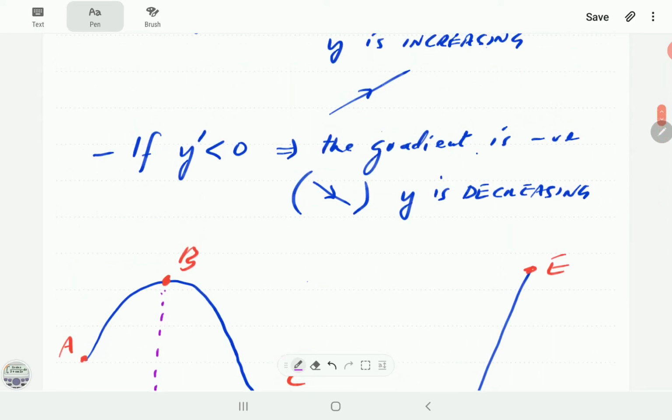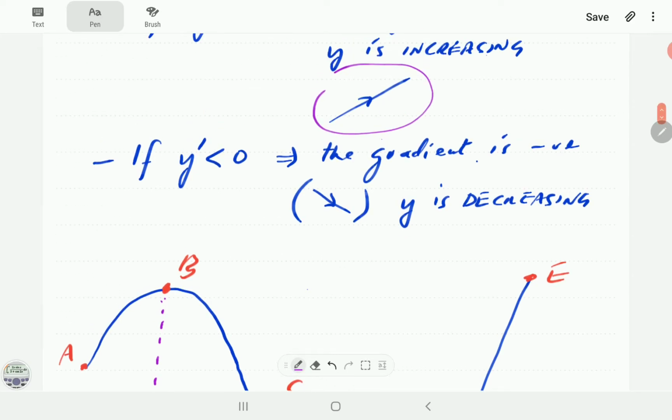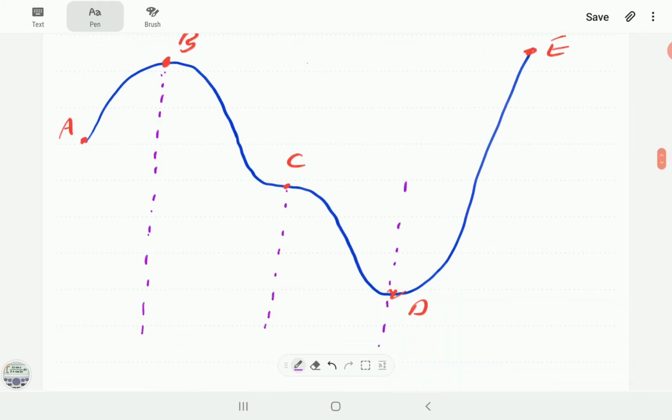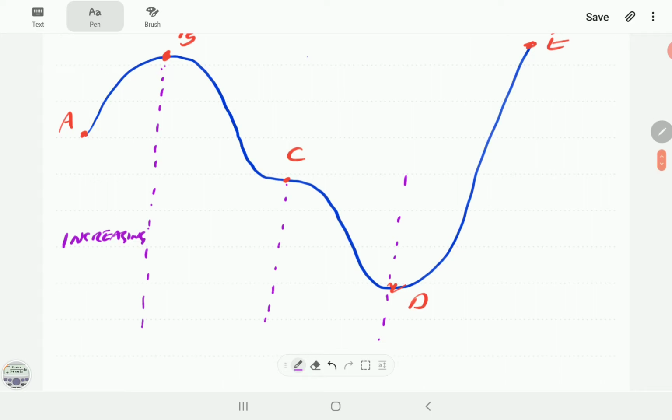So from this, for instance, the segments where the graph is upsloping, those ones are increasing, and so in those segments y prime is going to be positive. So if we look at the segment A to B, you can see that this is upsloping, so this is increasing. So we say the graph is increasing there. Then B to C is decreasing. So the graph is decreasing there.